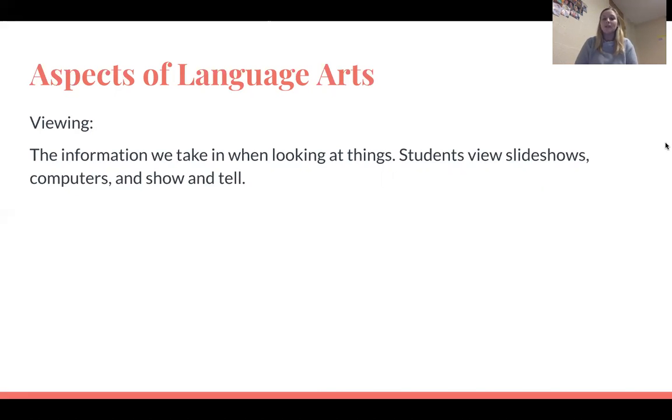So that could be a slideshow or a computer show and tell. It could be just a picture that they're looking at. And instead of hearing what's going on in the picture or reading what's going on in the picture, they have to look at it and try to visually picture what they're seeing and process the information just by looking at it.